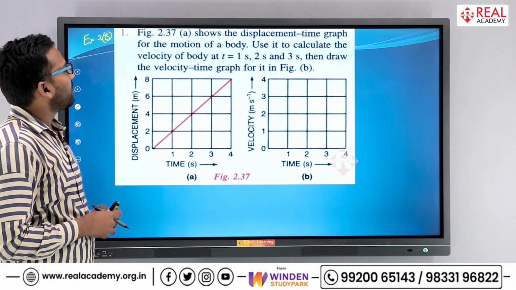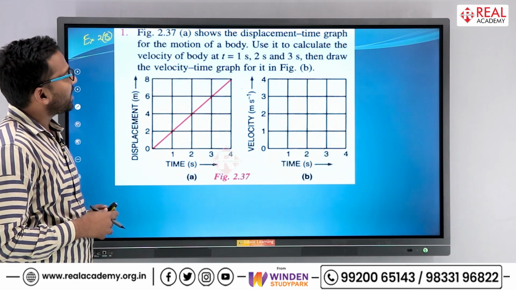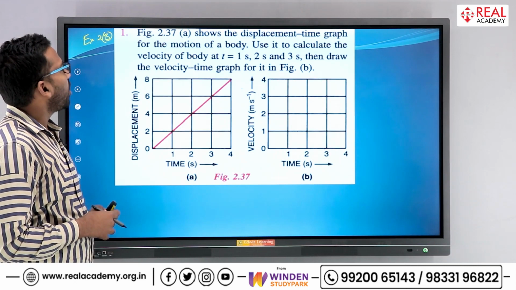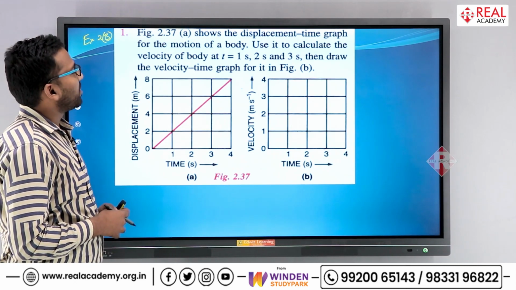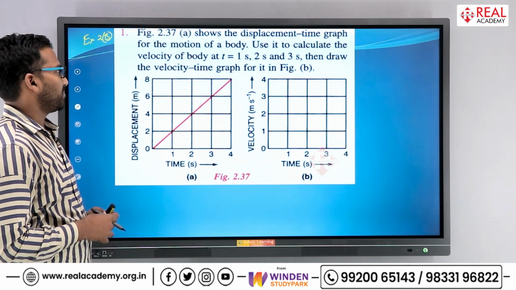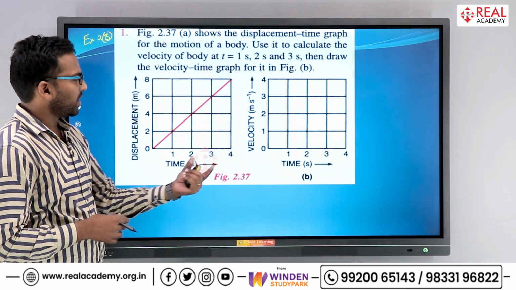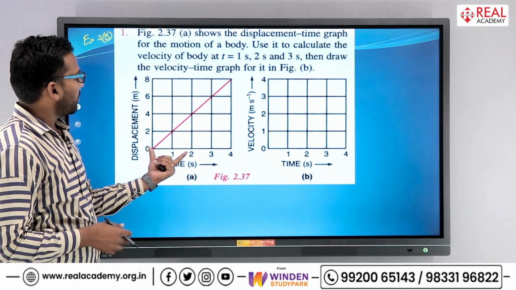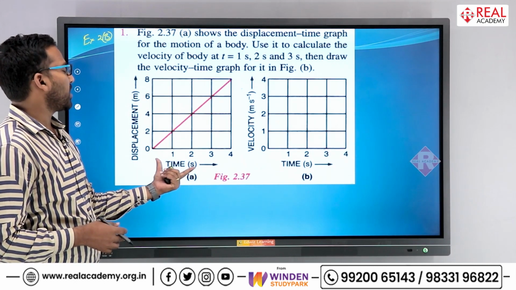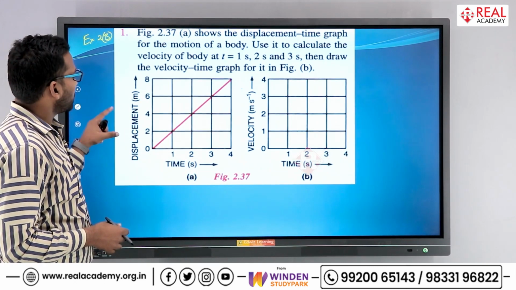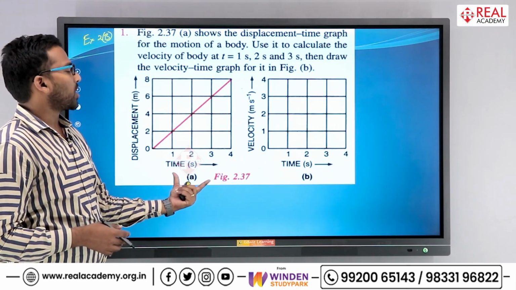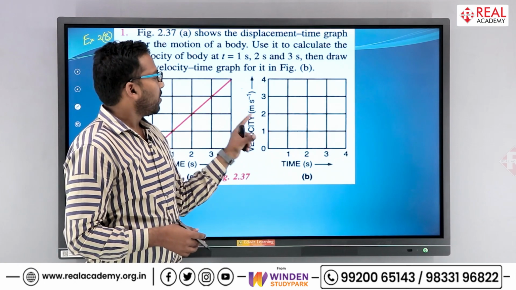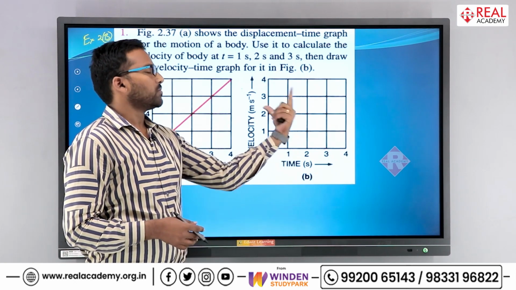Use it to calculate the velocity of the body at t equal to 1 second, 2 seconds, 3 seconds. Then draw the velocity time graph for it in figure B. So we have understood that in figure A the displacement with respect to time graph has been given, and we need to draw the velocity with respect to time graph.